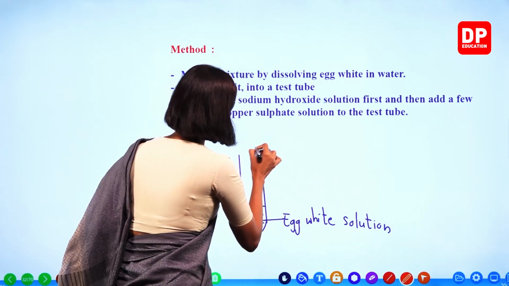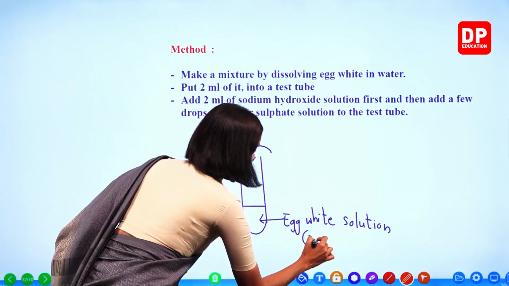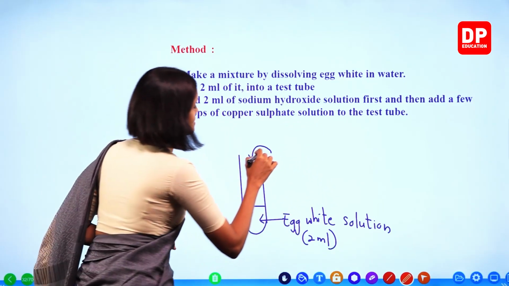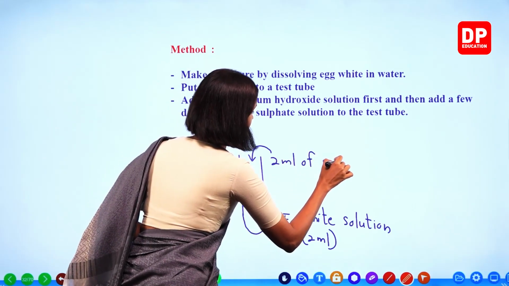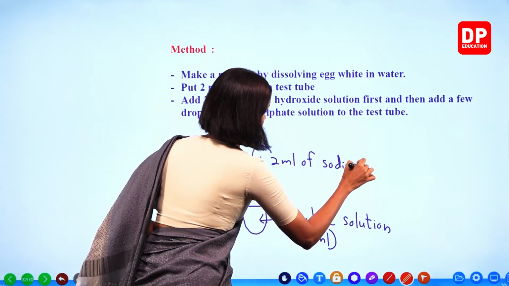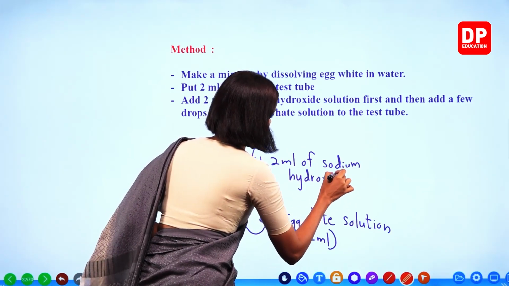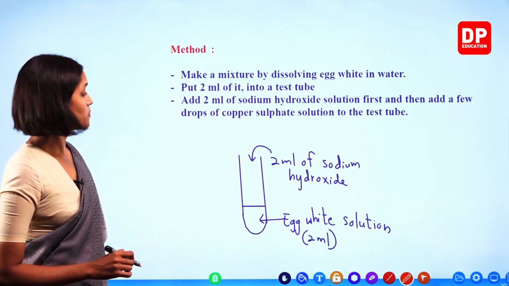Then you have to add a similar amount. If this is 2 milliliters, the sodium hydroxide added also should be 2 milliliters, right? 2 milliliters of sodium hydroxide. Right? Then you have to mix them together well.